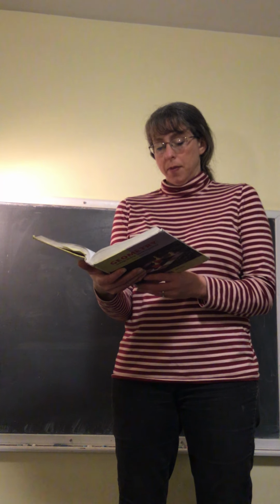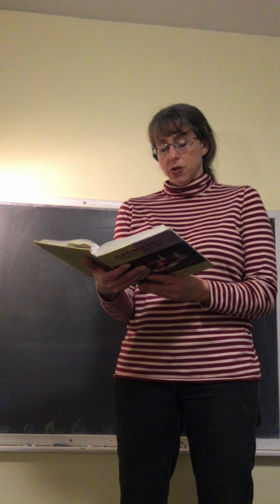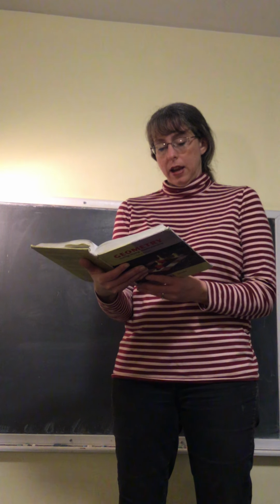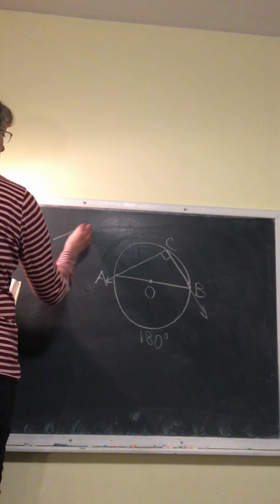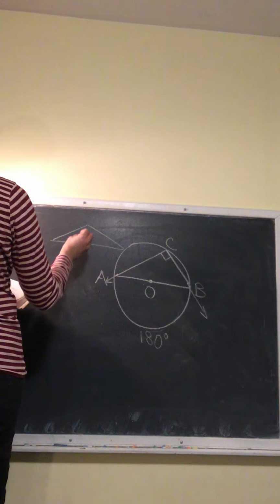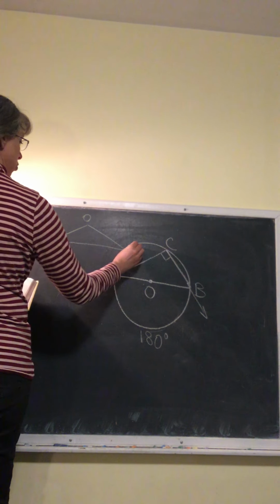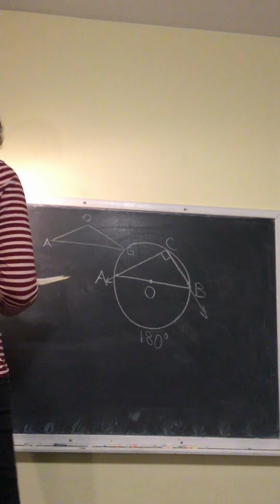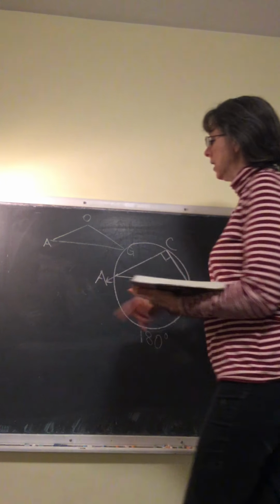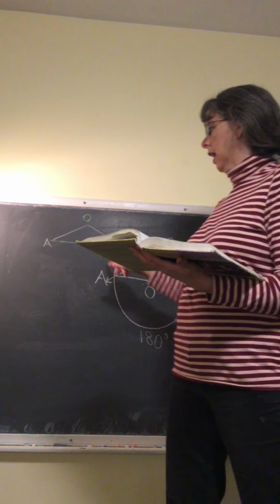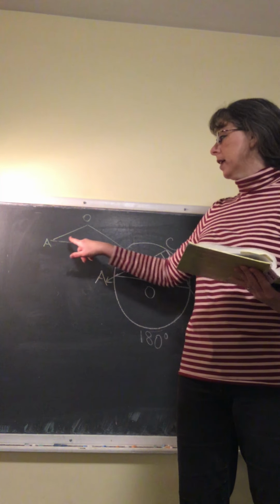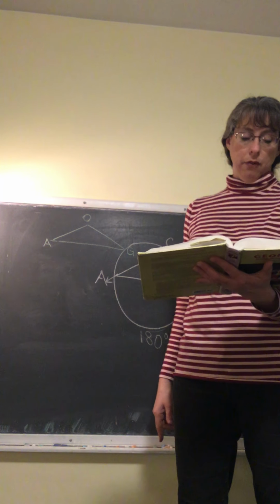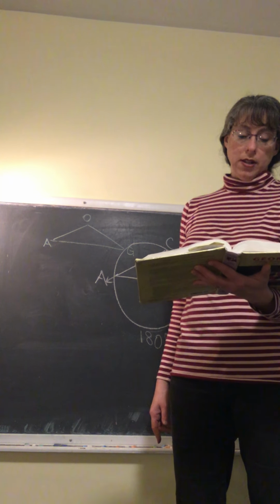Well, if we just look at that triangle first, triangle OAG, if the angle at A is 16.5 and the angle at G is 16.5, then the angle at O is going to be 180 degrees minus 16.5 minus 16.5, or 147 degrees.